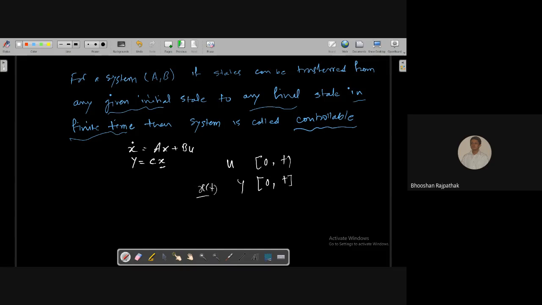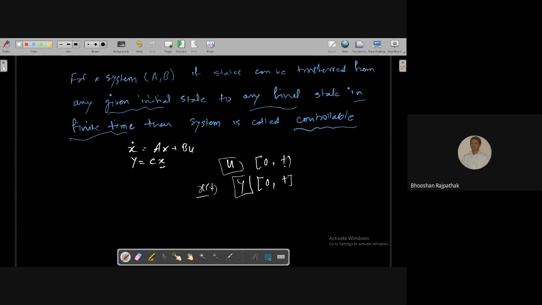If you can, over all such t's, provided u and y are available, then the system is called observable. That means you can observe the states. You don't need to calculate every time. By just getting this input and output, you can observe what the states are. Then the system is called observable.